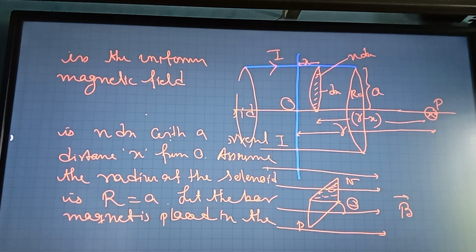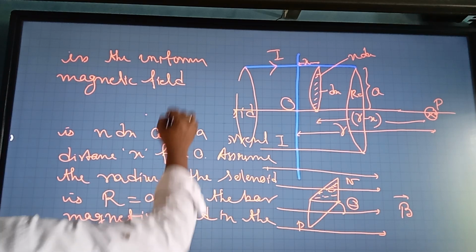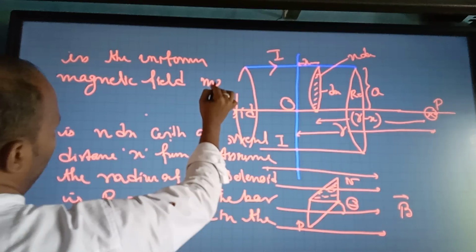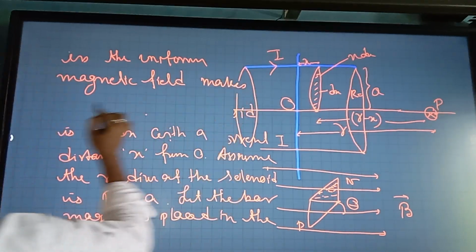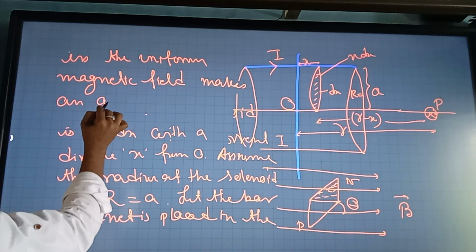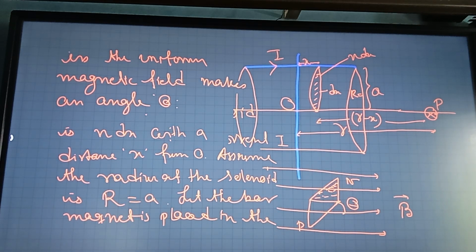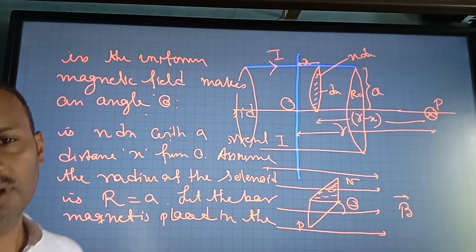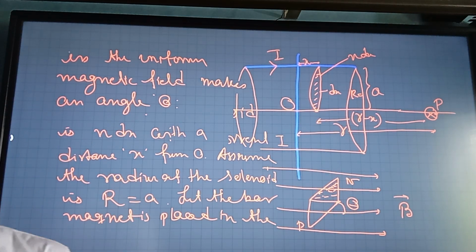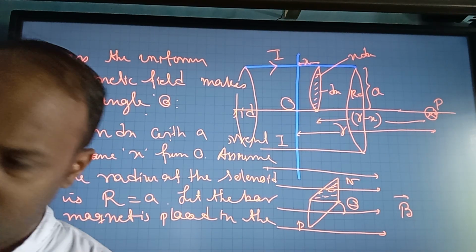Look at this diagram. The bar magnet makes an angle theta. The bar magnet has two poles, north pole and south pole. From this diagram we get all of this.